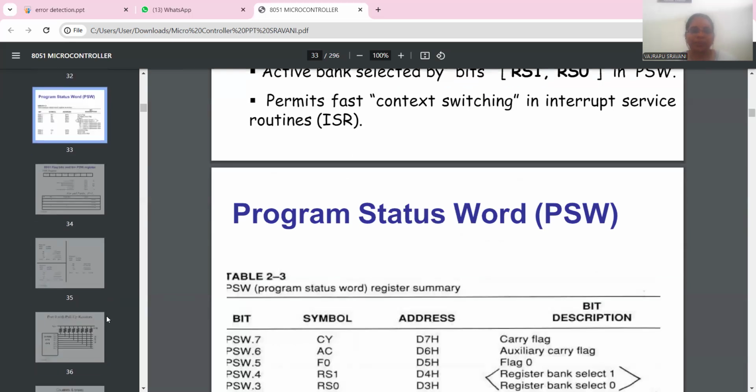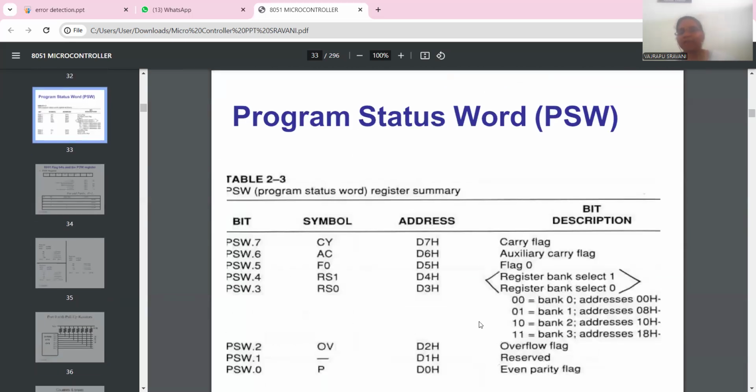Next, the most important topic, the program status word. Whenever we perform addition, subtraction, multiplication, or logical operations, sometimes we may get carry, auxiliary carry, parity, or overflow. All of these are indicated by the program status word.